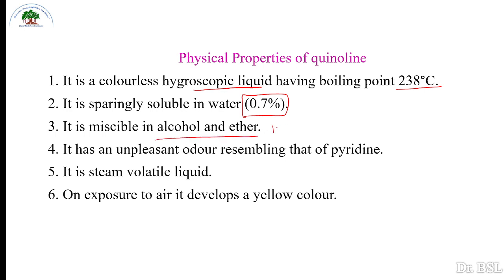That means it is completely soluble in organic solvents such as ether, alcohol. It has a disagreeable odor resembling that of pyridine, and it is very unpleasant. It is a steam volatile liquid. On exposure to air, it develops yellow color. So these are the physical properties of quinoline.